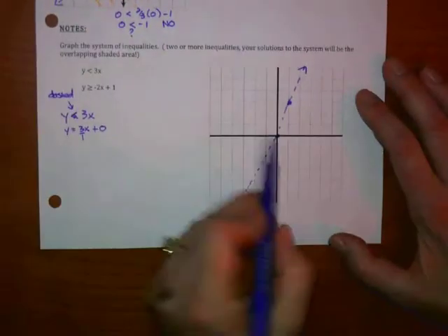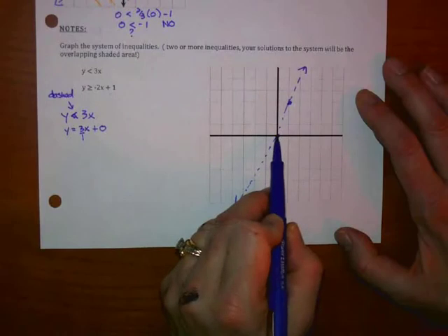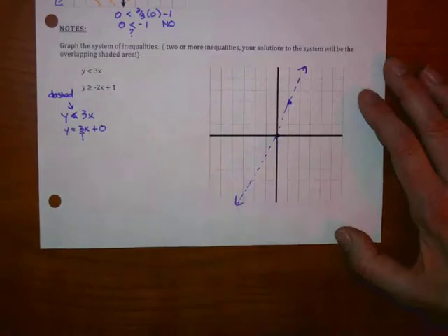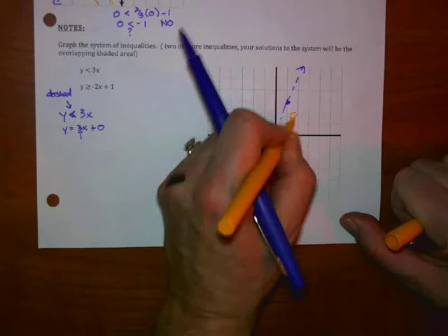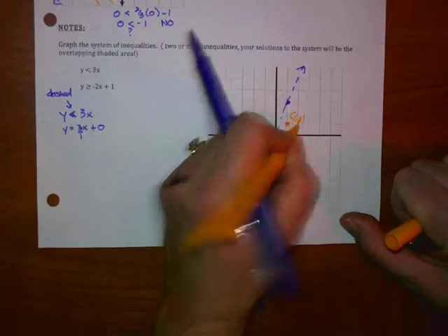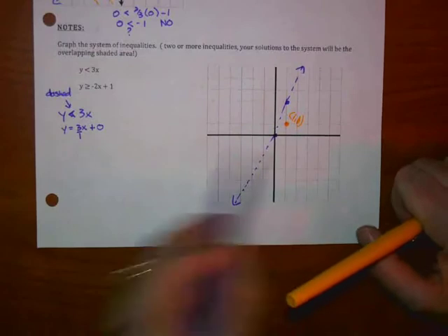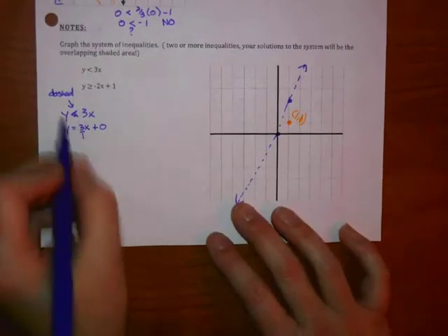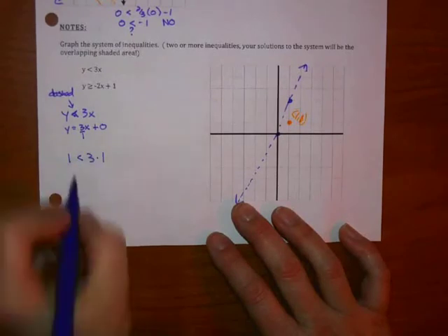Now, normally I would test with (0, 0) to find out what side to shade. But my line goes through (0, 0), so that's not going to help me. So I got to choose a different point. I'm going to test with (1, 1), which is absolutely acceptable. We're going to plug in (1, 1) and see if it's part of the solution for this inequality. So I'm going to use my inequality, plug in 1 for y and 1 for x.